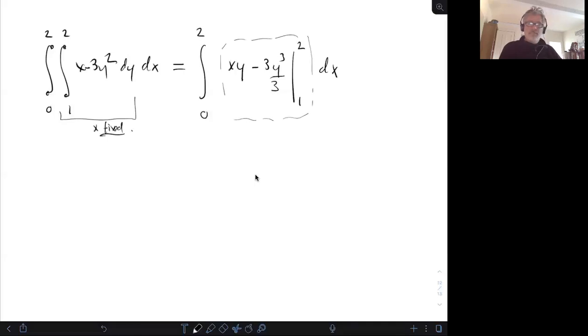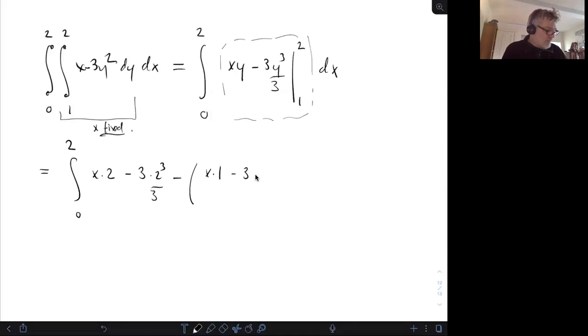Yeah? Is that okay? All right, so I'll evaluate that. Integral 0 to 2. So this will be x times 2 minus 3 times 2 cubed over 3 minus x times 1 minus 3 times 1 cubed over 3, dx.